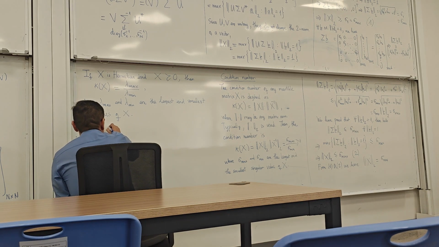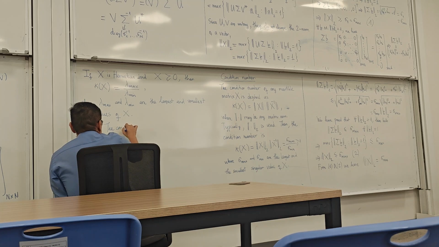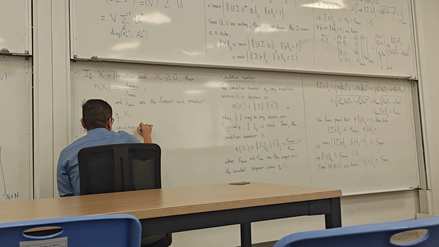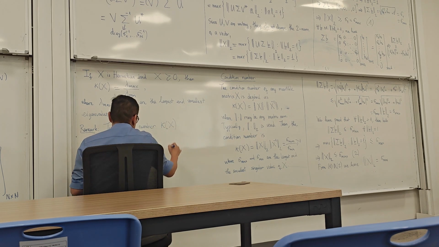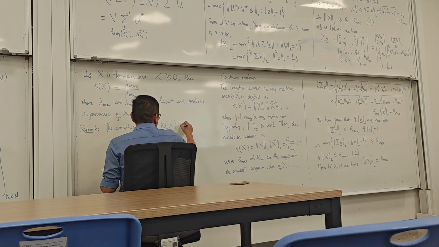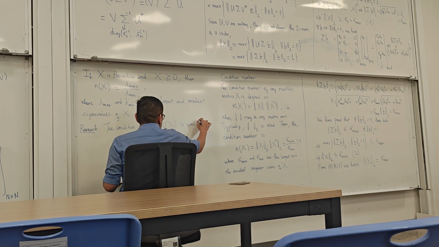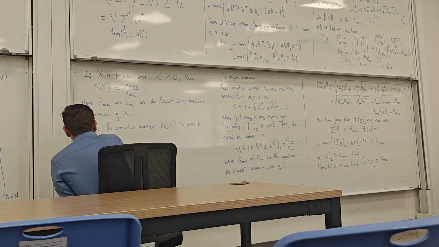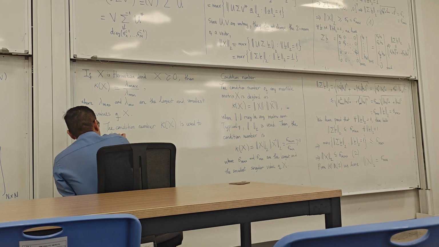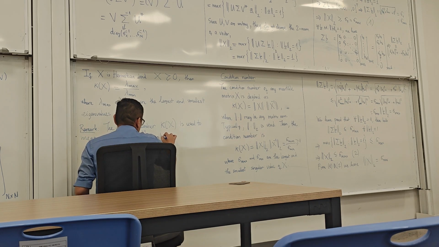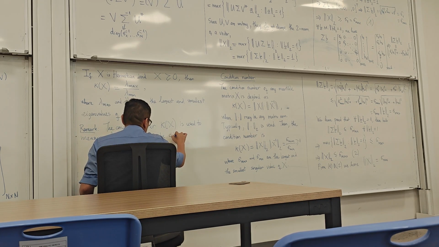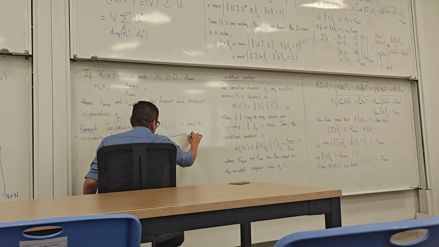The condition number kappa of matrix X is used to measure how well X inverse can be calculated numerically.